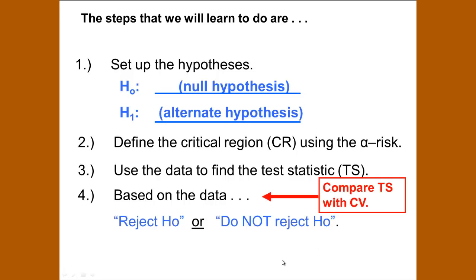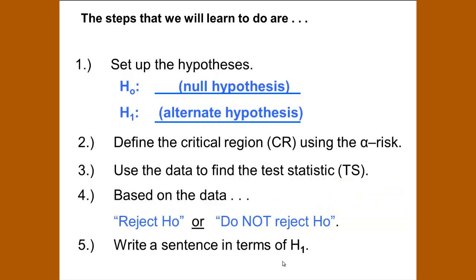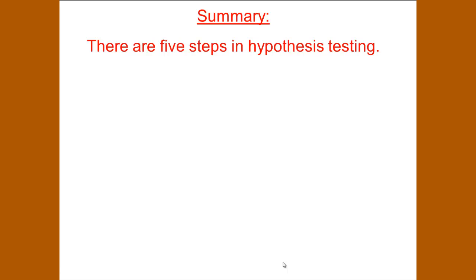We do this by comparing the test statistic with the critical value. And then lastly, write a sentence in terms of the alternate hypothesis H1. Summary: there are 5 steps in hypothesis testing.